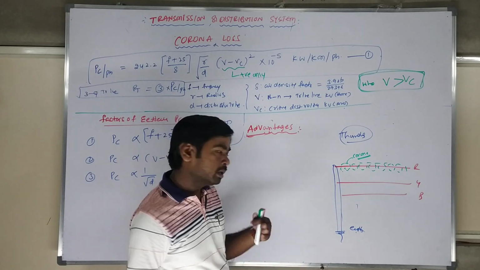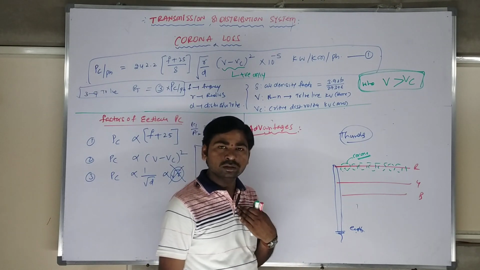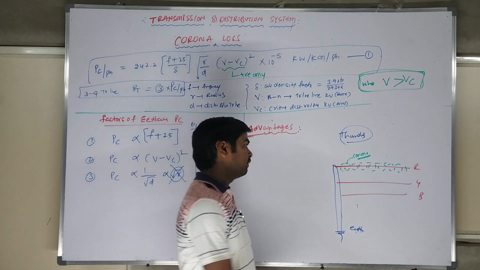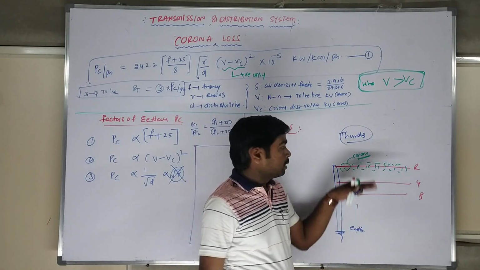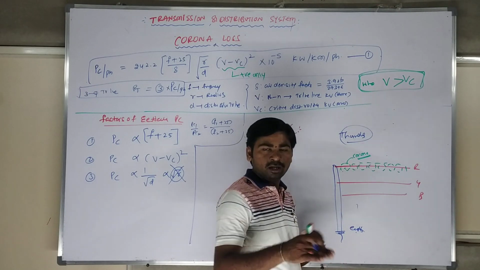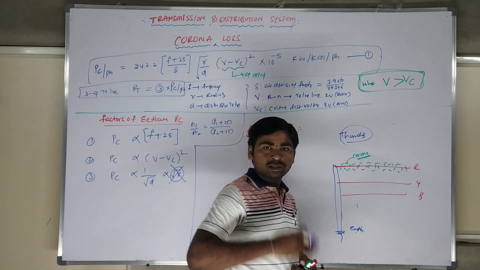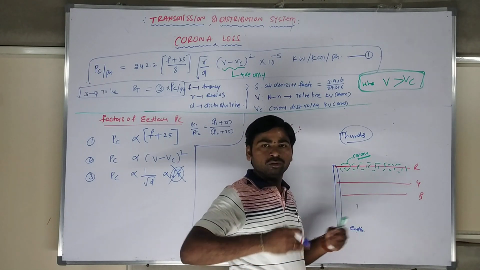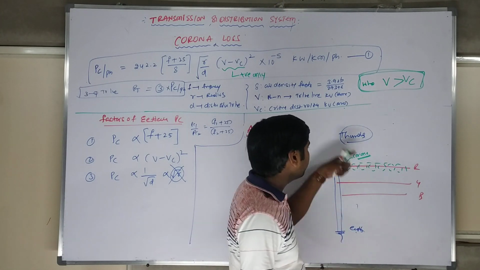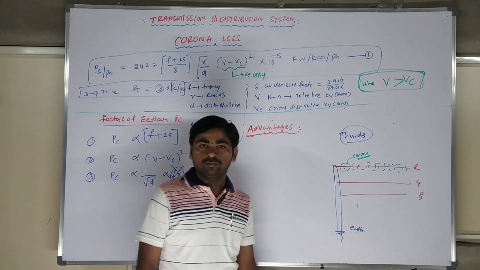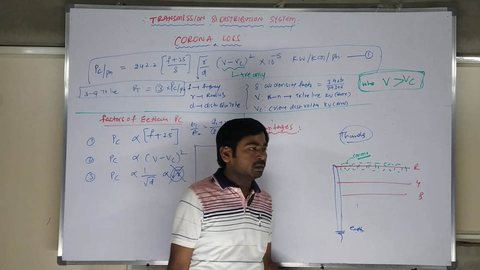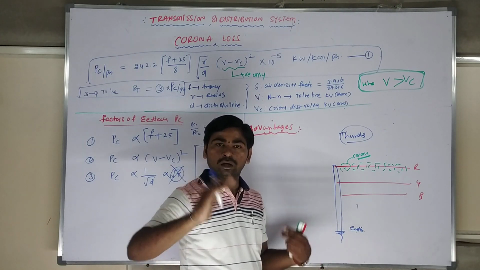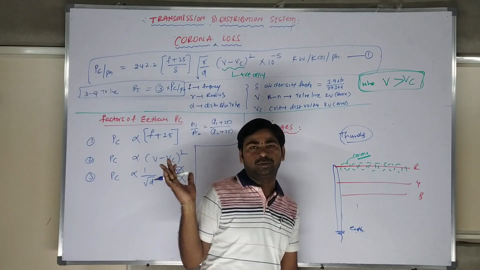But due to corona loss in the transmission line, whenever high voltage, high current charge carriers fall on the transmission line, the surrounding molecules get ionized. The extra power you get from the thunder is passed to the environment as corona loss. Therefore the extra power is dissipated into the environment as a loss, and at that time you are saving your transmission line.